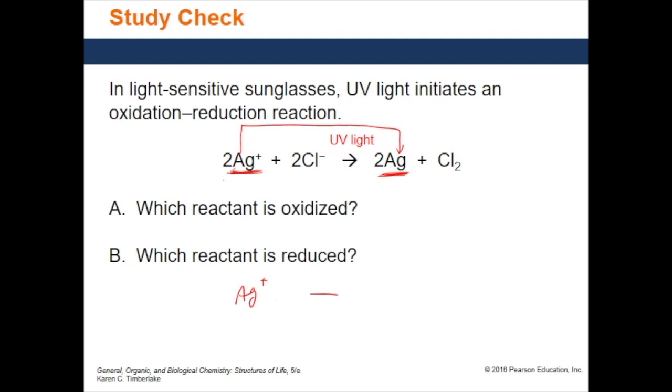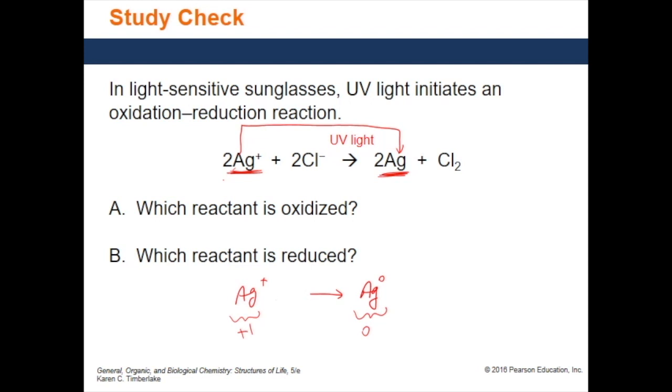is changing into Ag. And what is the charge on Ag? Ag is 0. So if this is plus charge and this is 0 charge, I need to balance the charge on both sides of the reaction. I have one atom of silver, one atom of silver. Next I balance the charge. What is the charge on this side? It is plus 1. What is the charge on this side? It is 0.